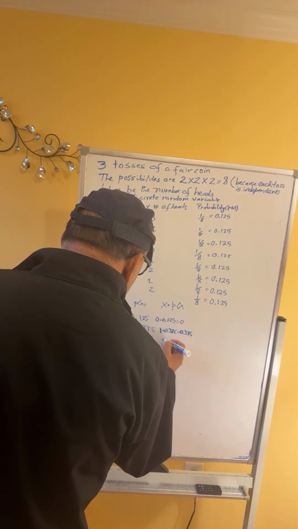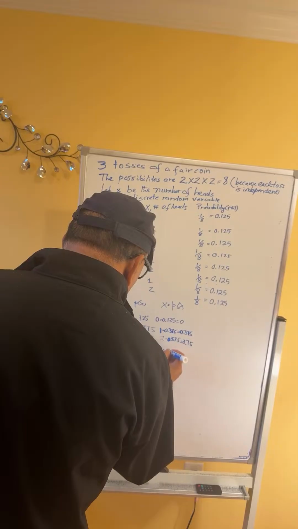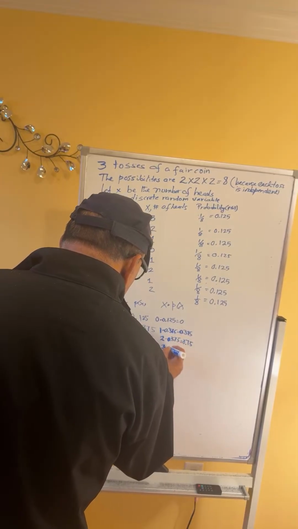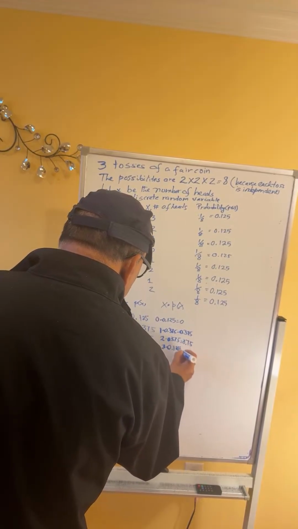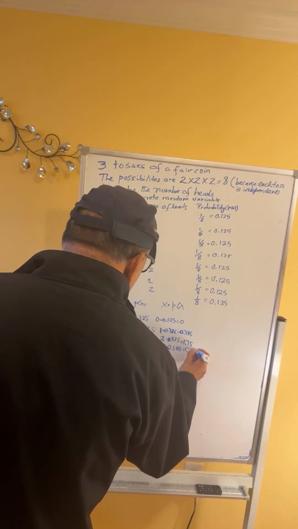Next one is 2, the value of x, multiplied by 0.375 is 0.75. And the last one is 3, the value of x, multiplied by the probability 0.125 is 0.375.